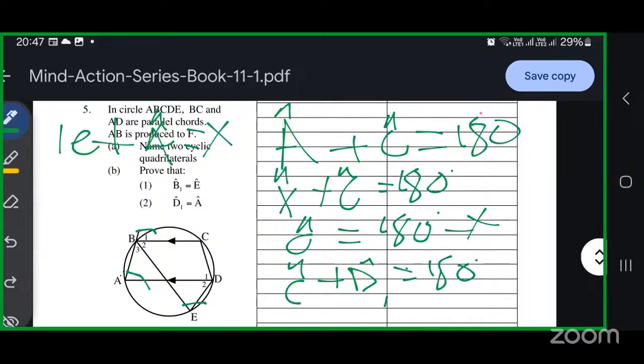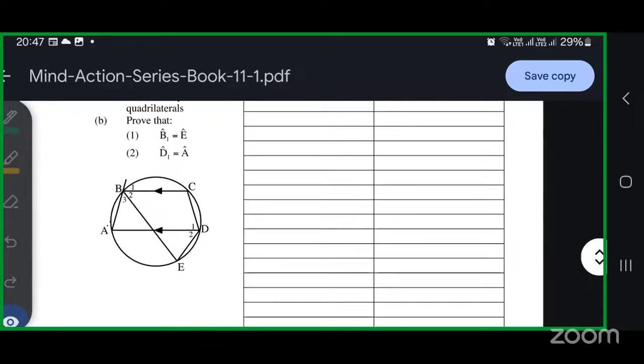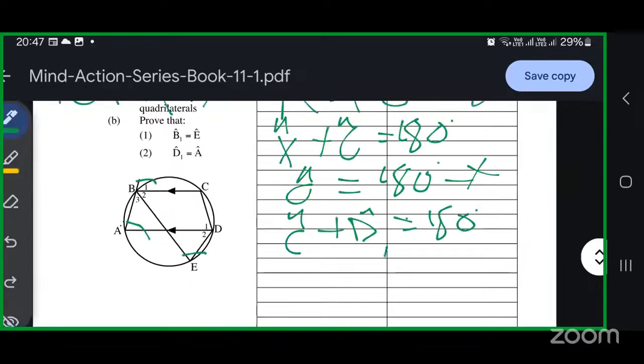Oh, my friends are quiet. Let me just continue. I was saying C and D1. C is 180 degrees minus x, plus D1 is equal to 180 degrees.